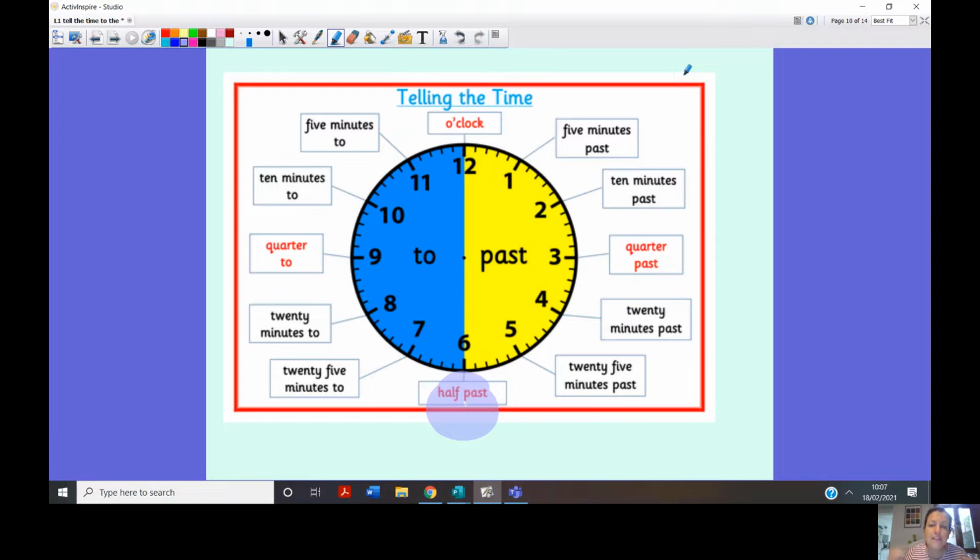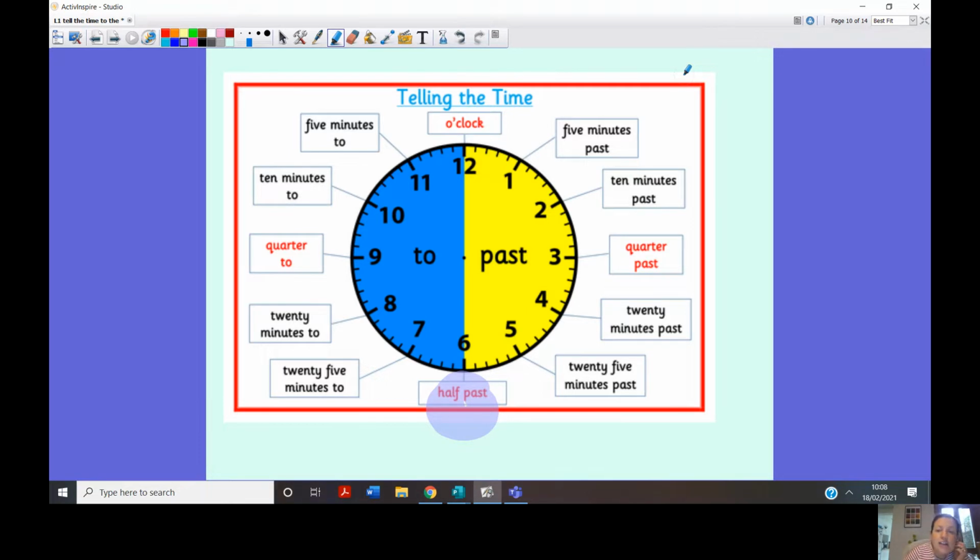Note that we don't say 15 minutes past, we just say quarter, and we don't say 30 minutes past, we just say half. And 0 minutes past, we don't say that either. Might have a look at why, and I can tell you tomorrow.